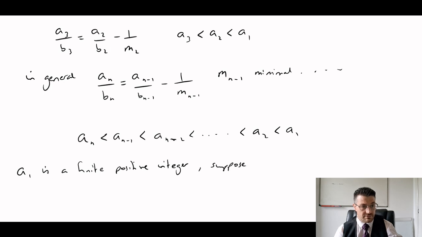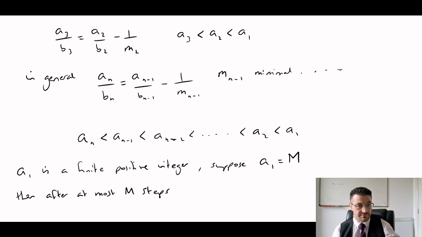Suppose A1 is equal to uppercase M. Then after, at most, M steps, M iterations of this, AM will be equal to 0.